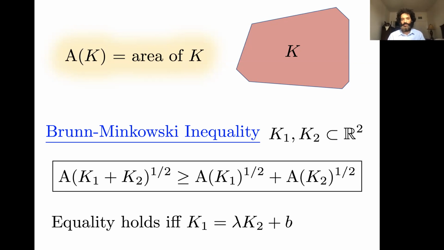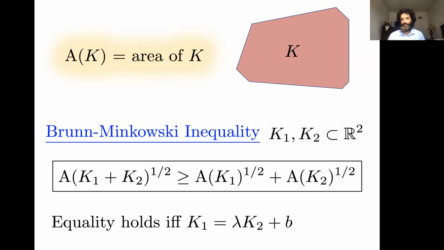So the square root of the area is a concave function of convex sets. This also holds in vastly more generality. I'm thinking of convex sets right here, but you can plug in any measurable sets, in any dimension, in Euclidean space in general. We'll come back to it when we study volume, but for now, we're just looking at areas.